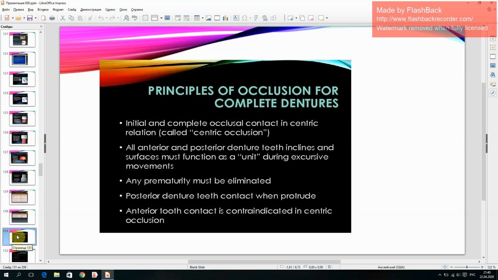All anterior and posterior denture teeth inclines and surfaces must function as a unit during excursive movements. Any prematurity must be eliminated. Posterior denture teeth contact with protrusion. Anterior tooth contact is contraindicated in centric occlusion.